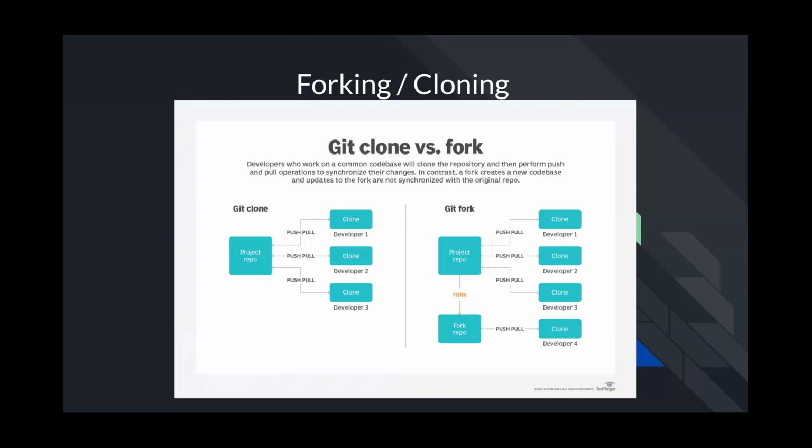And you will be cloning, let's say, if you are an employee moving into an existing company, you'll be cloning their main repo to your local machine, and then you'll be working on branches. You will never be working directly on that main branch, but you will be cloning it to your machine so that your changes are consistent with that main branch and able to be pushed to that main branch.